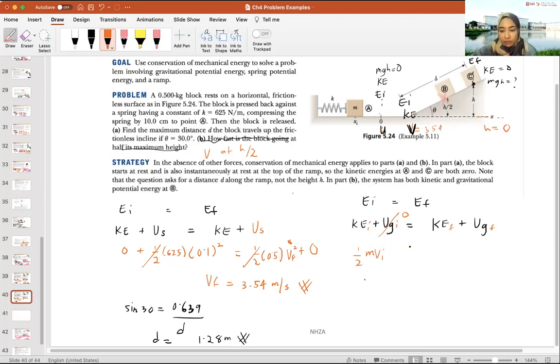So 1 over 2 m v_i squared plus 0 equals 1 over 2 m v_final squared plus m g h over 2. And we know our h over 2 is 0.639 over 2. This is the height.